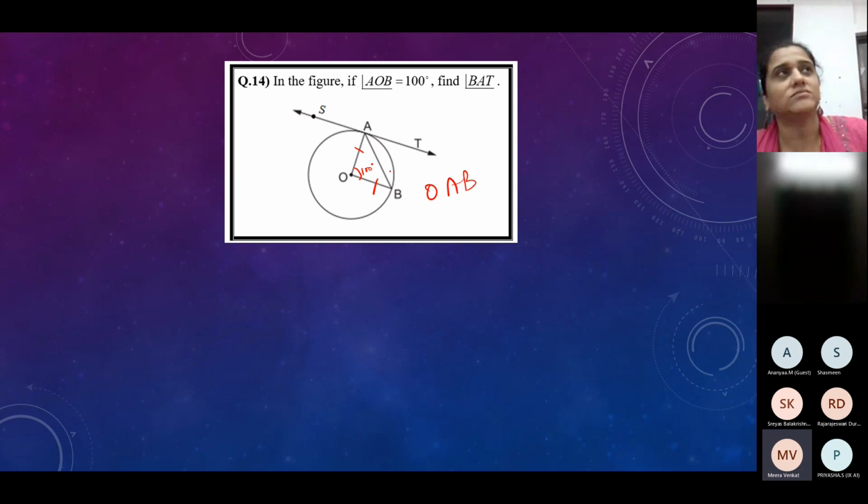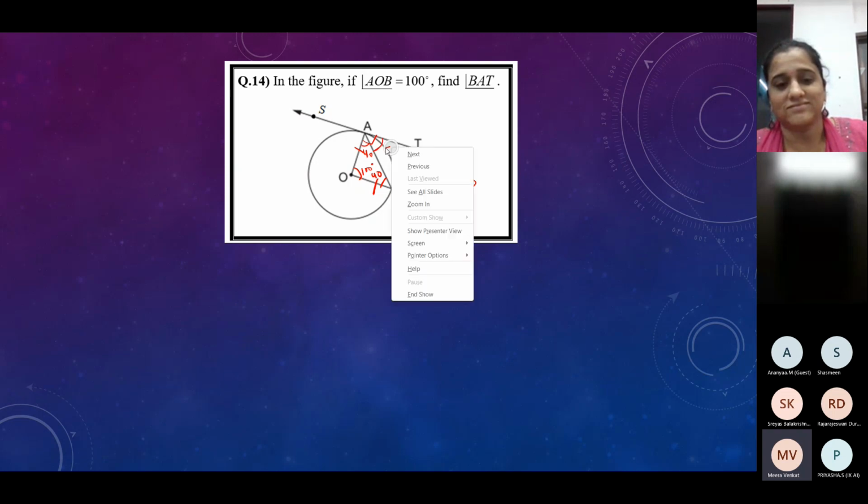Ma'am, by angle sum property, we can find angles A and B. 100 plus 2x is equal to 180, 2x is equal to 80, x is equal to 40. Then we can use that OAT is 90 degrees and find angle BAT. They are asking BAT, so 90 minus 40 degrees, we get 50 degrees. Very good, Meera.